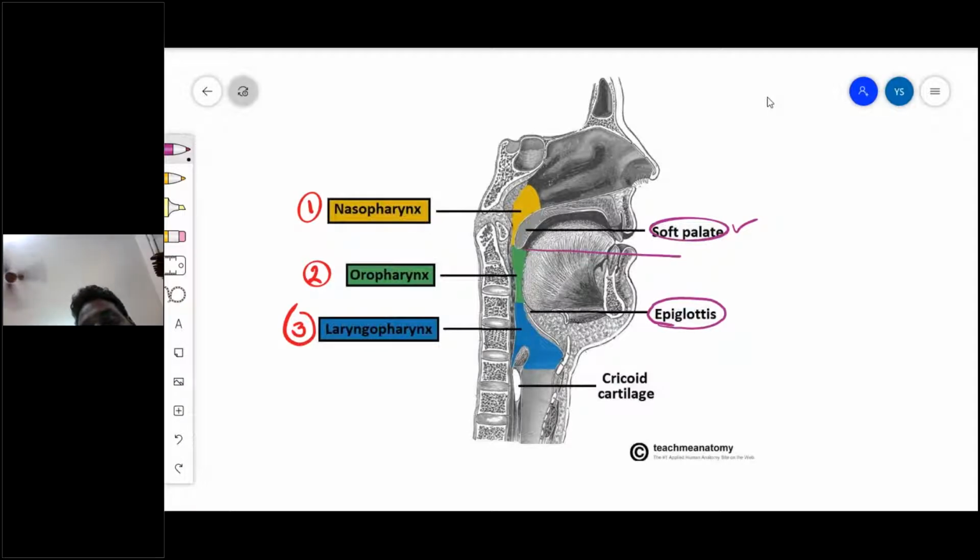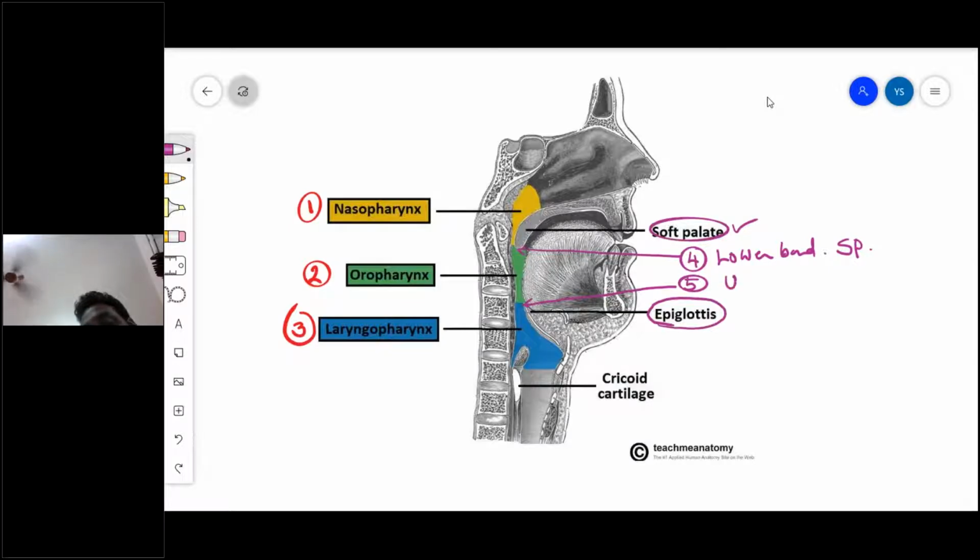With the violet arrow, I'm showing number 4. That one is the lower border of the soft palate. That's the number 1 point. And here with another violet arrow, that is number 5.